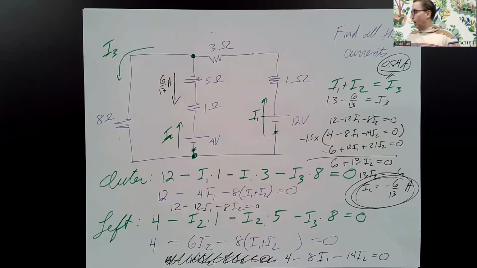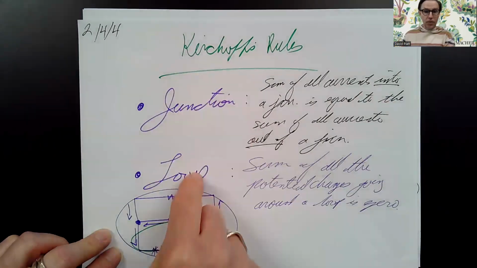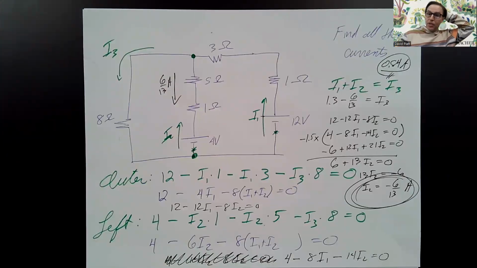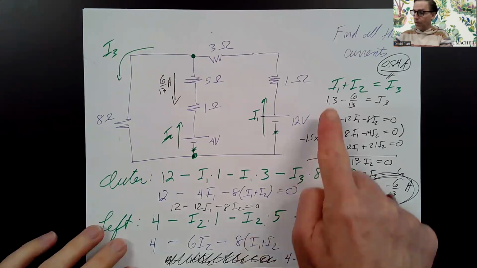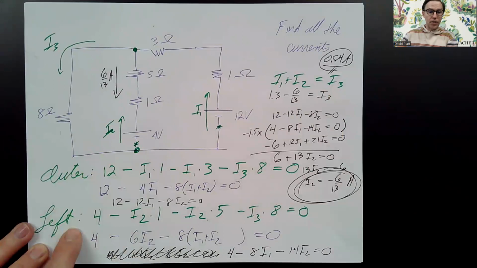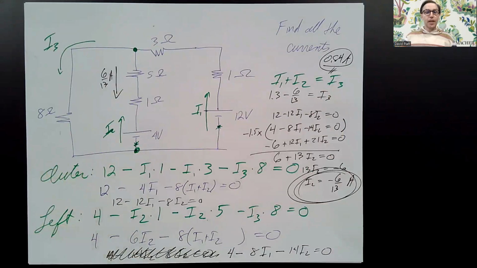I'm back. So again, we learned Kirchhoff's two rules about junctions and loops. And I demonstrated the junction rule with this equation and the loop rule with these two loop equations, the outer loop and the left loop.